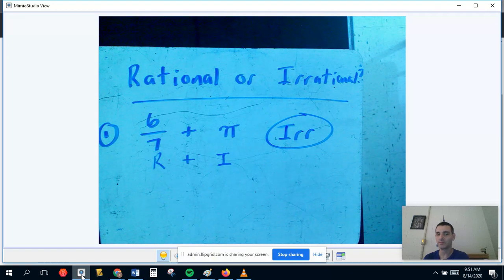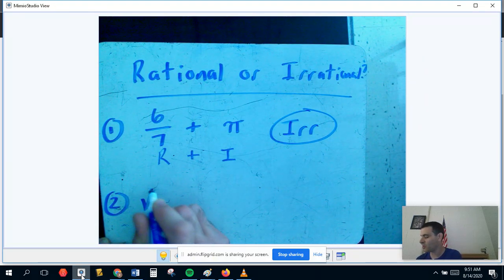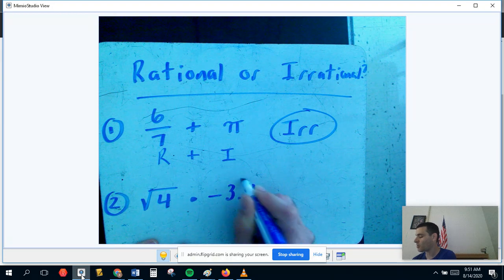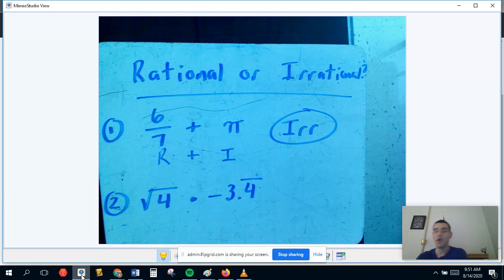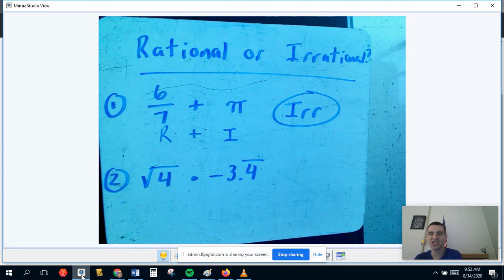Okay? How about the square root of 4 times negative 3.4 repeating? All right. This one's a little tricky. The square root of 4 is actually rational because remember, the square root of 4 is the same thing as 2. When you take the square root, it's not a decimal.